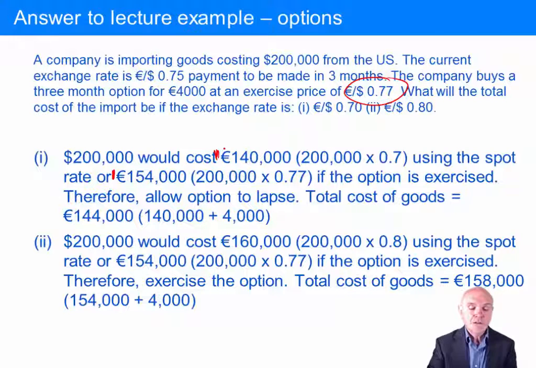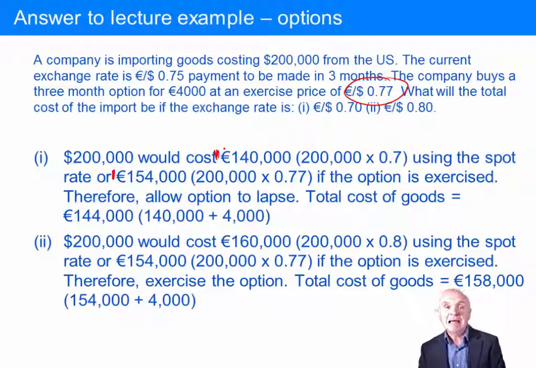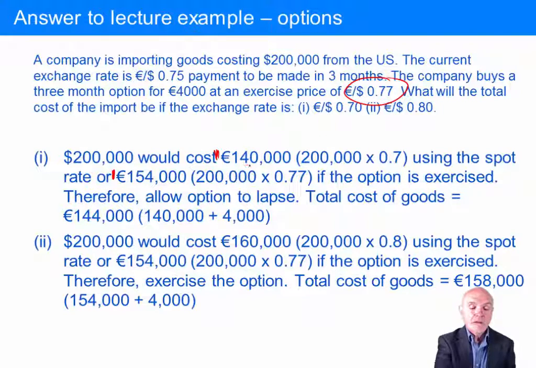And of course here you're going to let it lapse. And the total cost of these imports will turn out to be 140,000 plus the premium. It's cost you 144,000 euros to purchase this product.